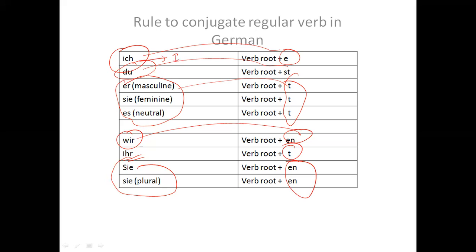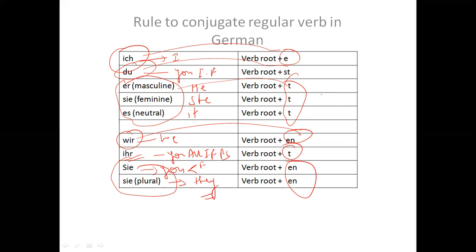Ich is I, du is you, but informal. Then er is he, sie is she, es is it. Then wir is we, ihr is you all, but informal plural. Then Sie is you, but formal. Then we have sie plural, which means they.